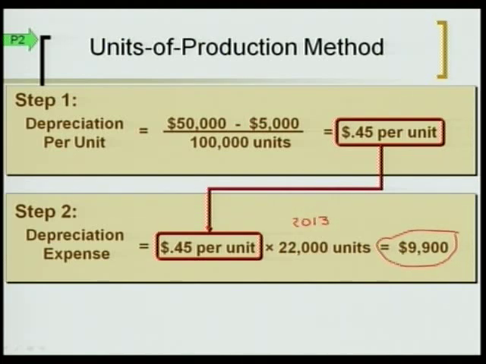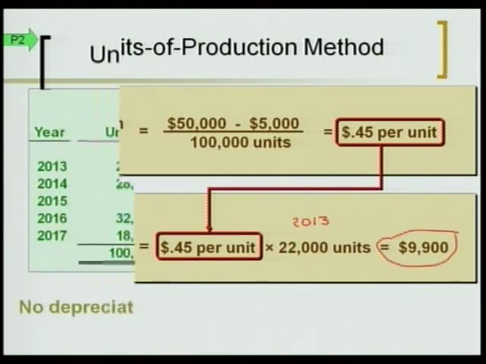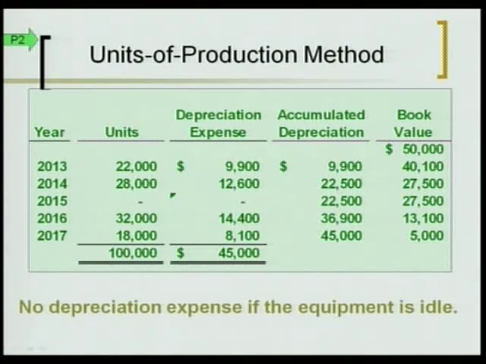Now, do you see under this method the amount of production for each year is going to change? So the amount of depreciation is going to change for each year. Here's that $9,900 for the first year, but look, the amount of depreciation expense for each year is going to be different because the units produced is different, right?